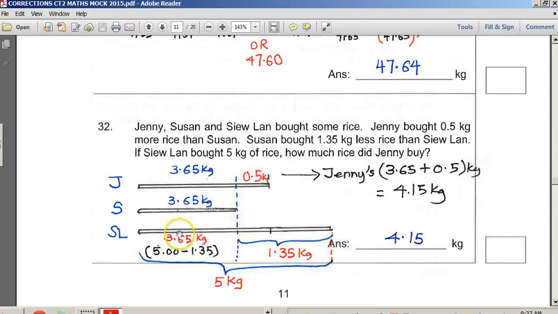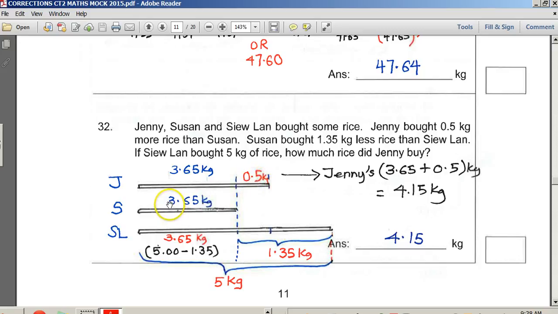This part is 3.65. And if you shoot up, it's equal totally to Susan, and it shoots up to equal totally this part of Jenny's. Jenny is 3.65 plus 0.5.